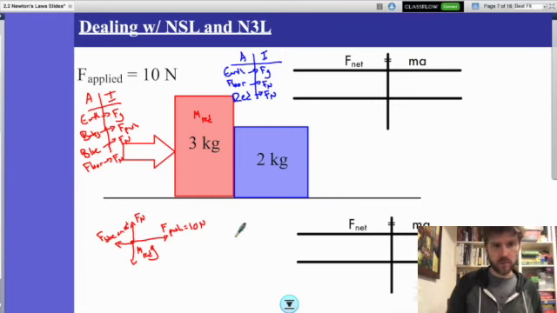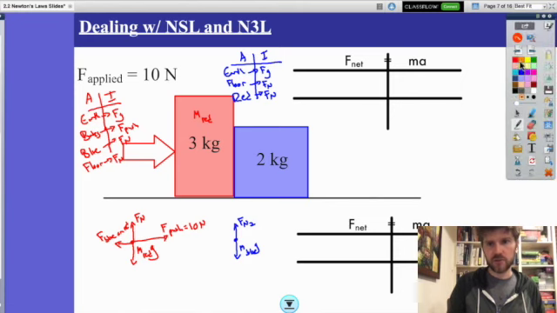I'm only touching the red box. So the blue box has M blue G down. We'll call this maybe FN2, I guess. It's always nice to give all your things distinct names. And to the right, I'm going to get F red on blue.